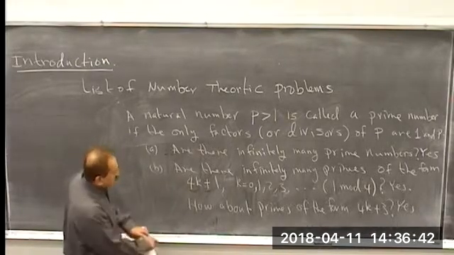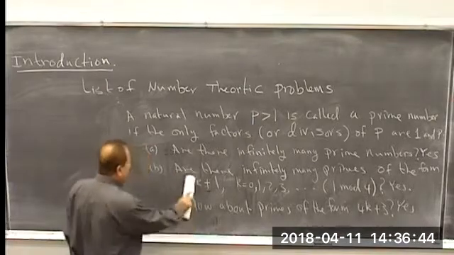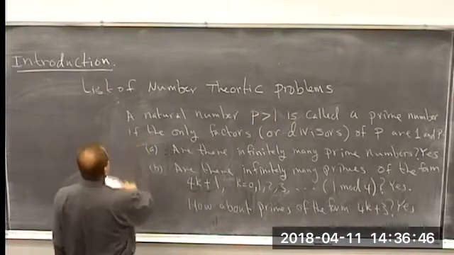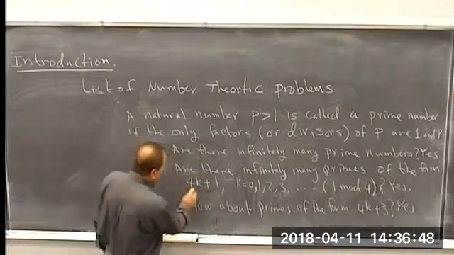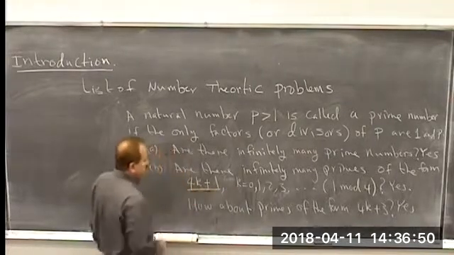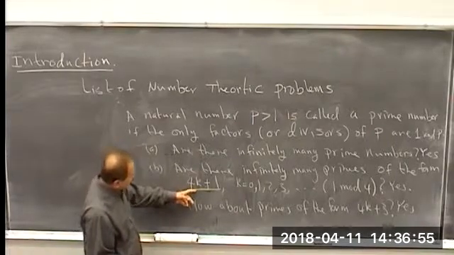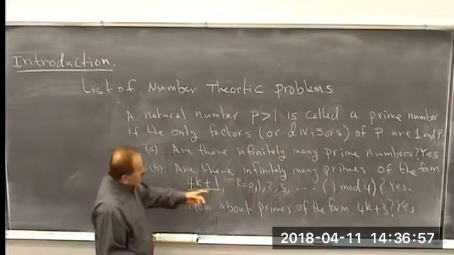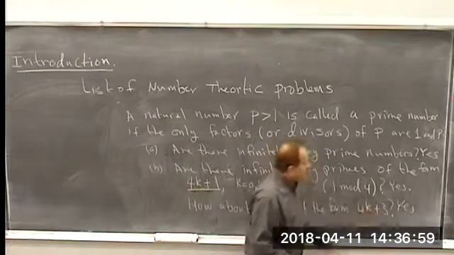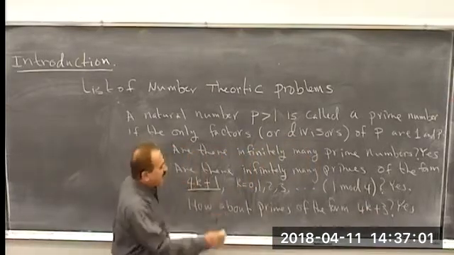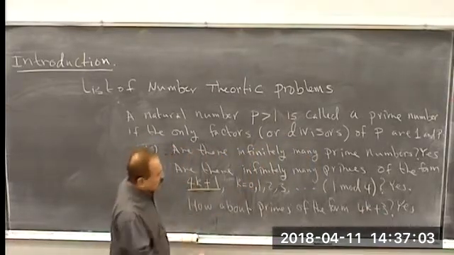There is a generalization of these types of questions, looking at the primes of a certain form. As I say, this is called an arithmetic progression or arithmetic sequence. The 4k plus 3 starts with 3 and then you keep adding 4 to it.